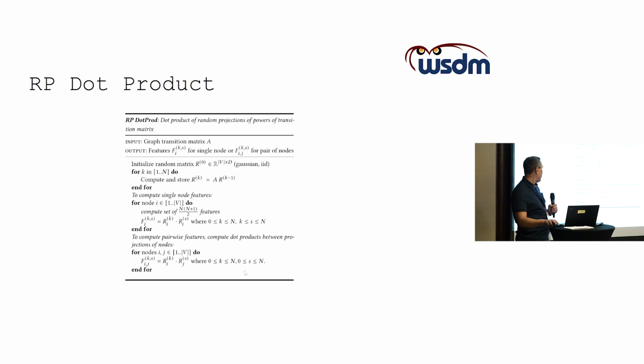For a pair of nodes, it also makes sense to use not just the pairwise features, but also the single node features for both nodes of the pair.